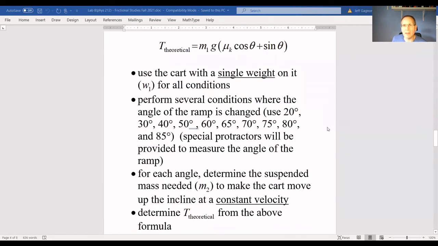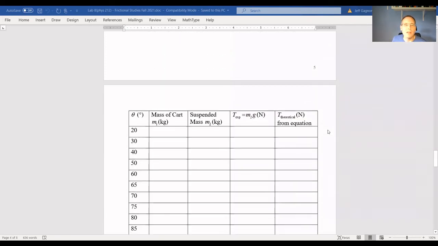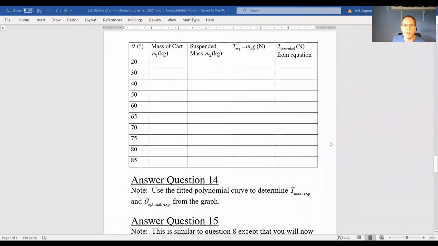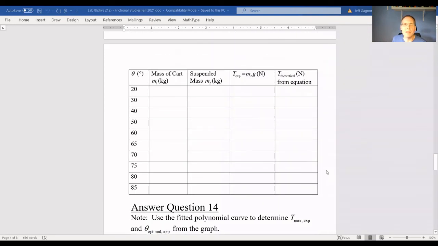So it's the same exact idea where we're trying to measure the theoretical tension and the experimental tension as the wooden cart is being pulled up the ramp at a constant velocity. The only difference is going to be in the numbering in the questions. Okay, in your lab manual, actually, these questions are question 14, 15, and 16. But everything else is the same.